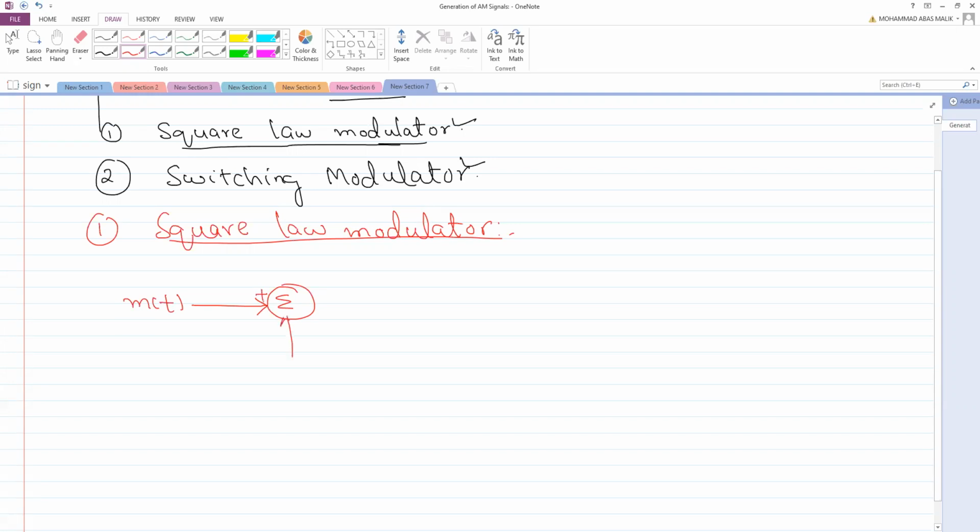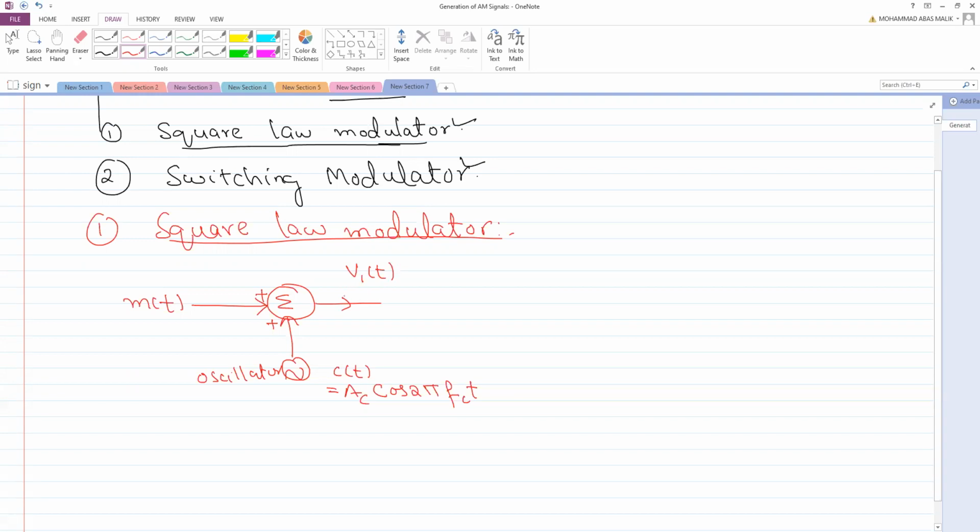This will be added to your carrier signal, and carrier is simply generated from the oscillator. This is C(t), that's equal to Ac cos(2 pi fc t) or cos(omega c t). This carrier signal will be added with m(t). Then output will be called v1(t).